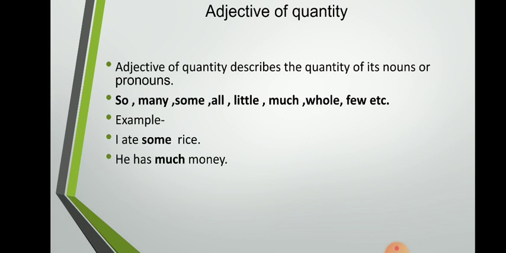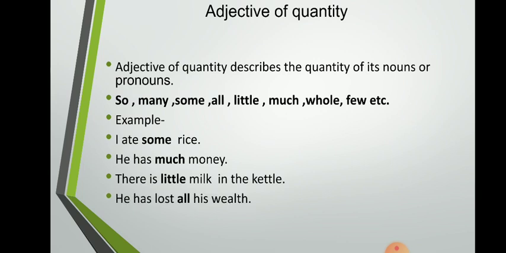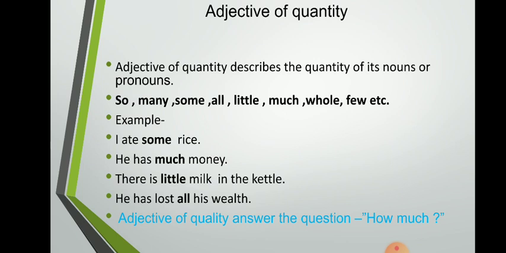He has much money. There is a little milk in the kettle. He has lost all his wealth. So, some, much, little, all are the words which we use as adjectives of quantity. And note, students, an adjective of quantity answers the question how much.